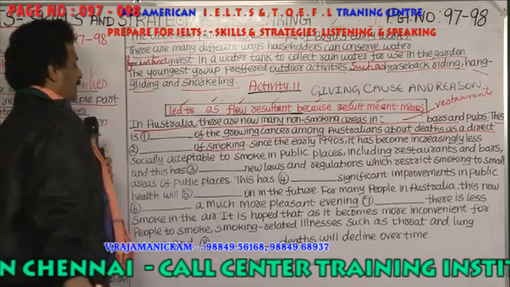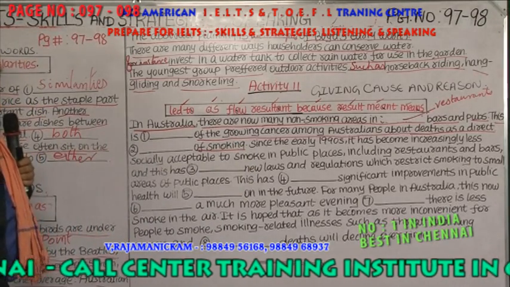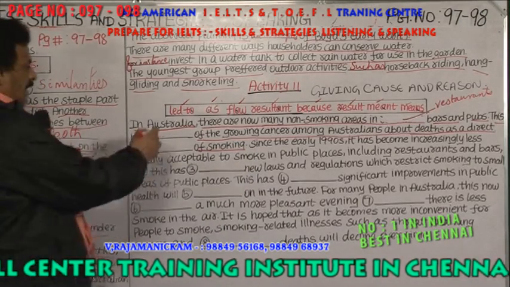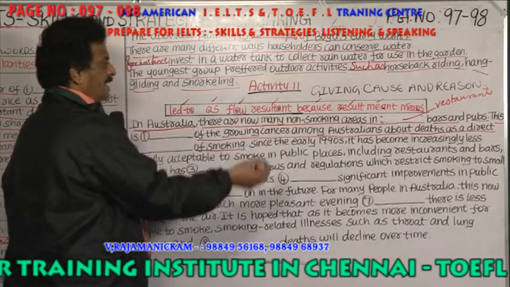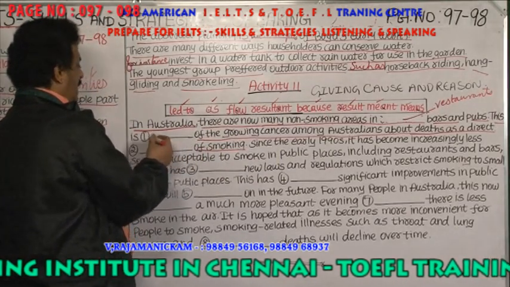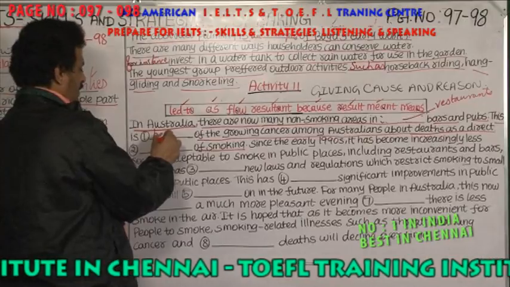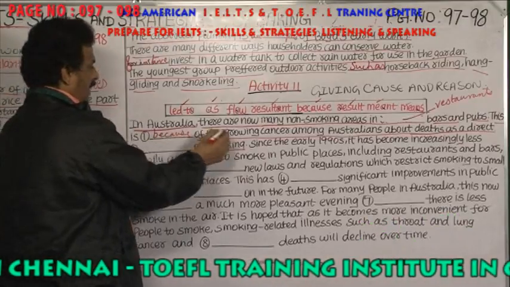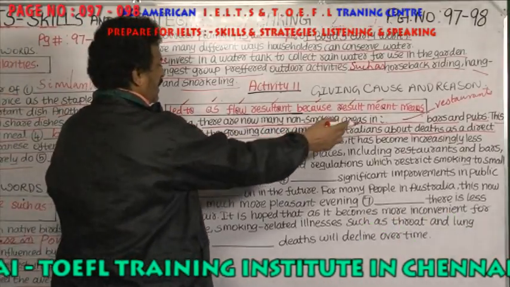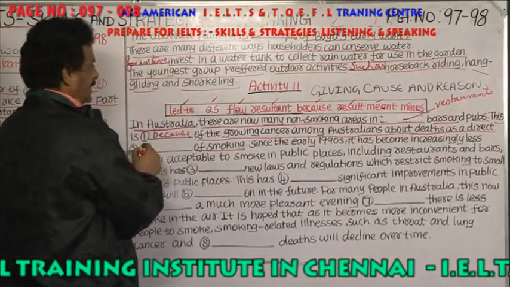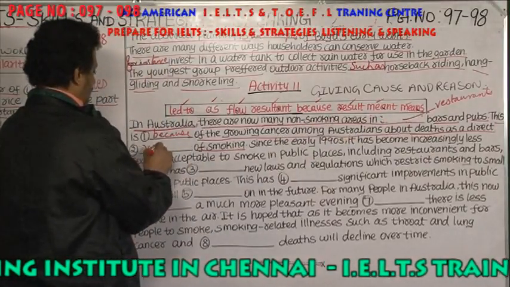So what are the words you can use? The first word. In Australia, there are many non-smoking areas in restaurants, bars and pubs. This is because of the growing concern among Australians about deaths as a direct result of smoking.